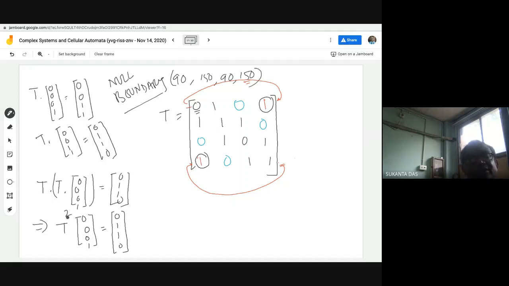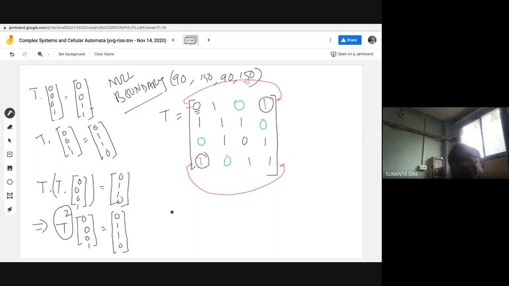What I want to say is that if you somehow can find out this T square, you can jump this configuration. You need not face the 0 0 1 1 configuration. So you know the 0 0 0 1 initial configuration. From this initial configuration, you can directly move to 0 1 1 0 as if you are jumping. Practically, this jump is incorporated in the finding of T square. But what I want to point out is, if you somehow know the matrix T square, by multiplying this, you can directly go to that particular configuration.